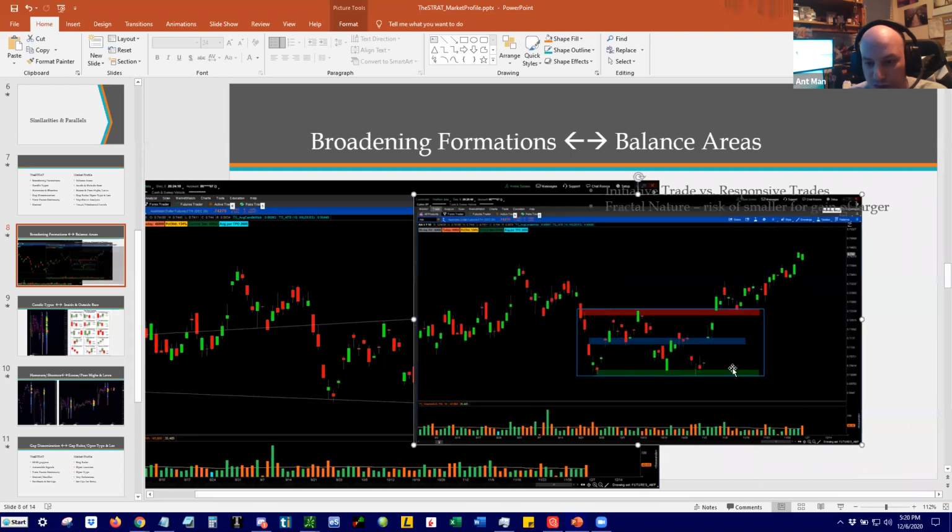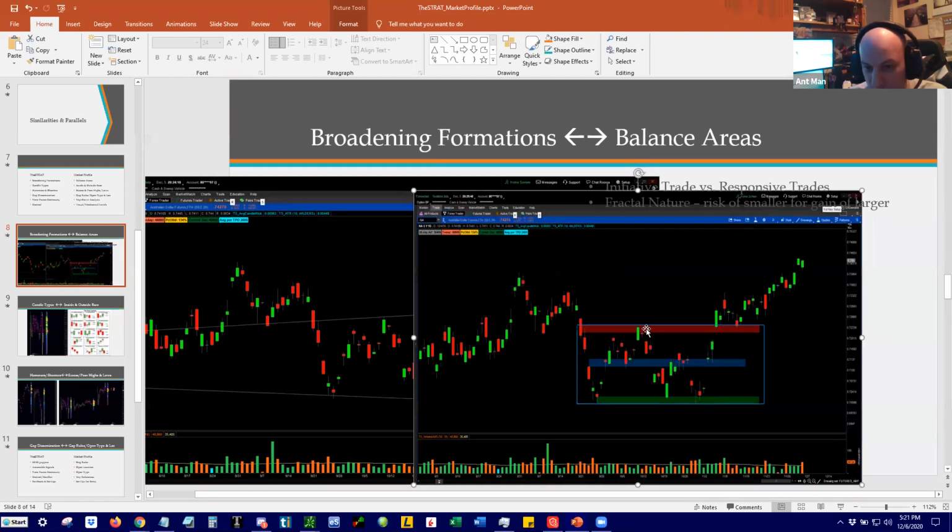And on this one here, it's the same exact chart, only I have a balance area drawn the way I would draw it using the style that I trade. And what I have highlighted is what I call an upper reference area, a lower reference area, and a high volume node, which is similar to what you'd have on a volume profile.